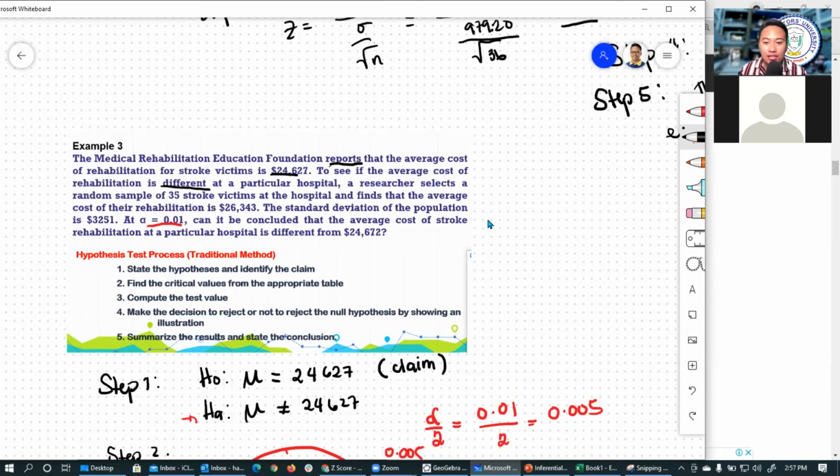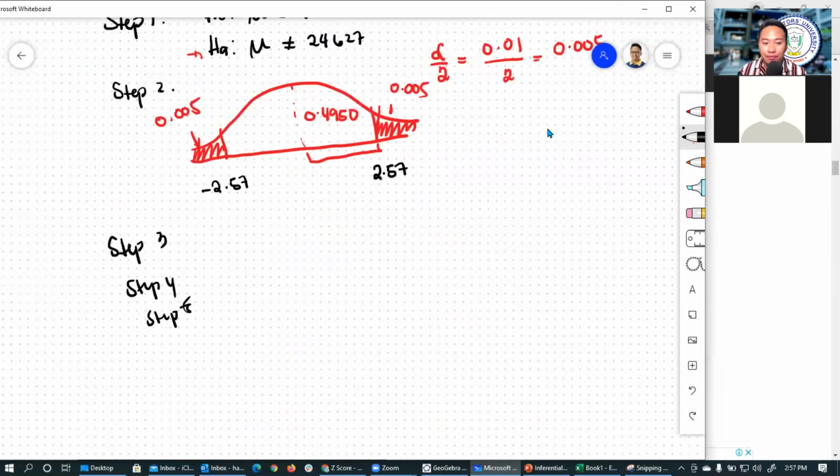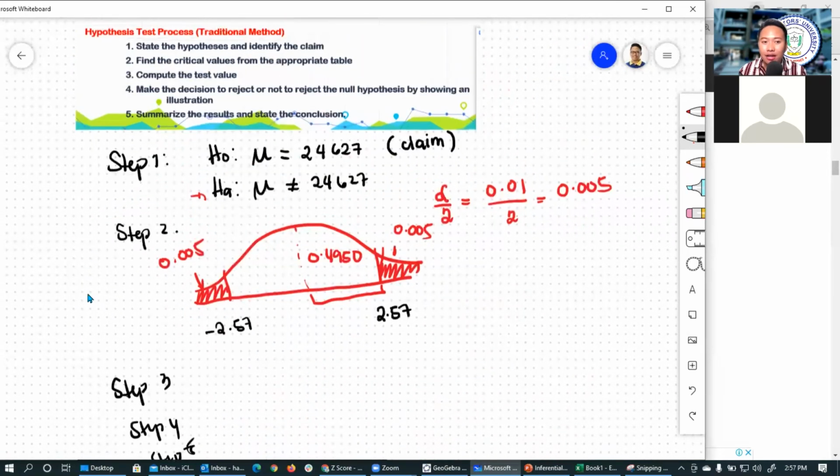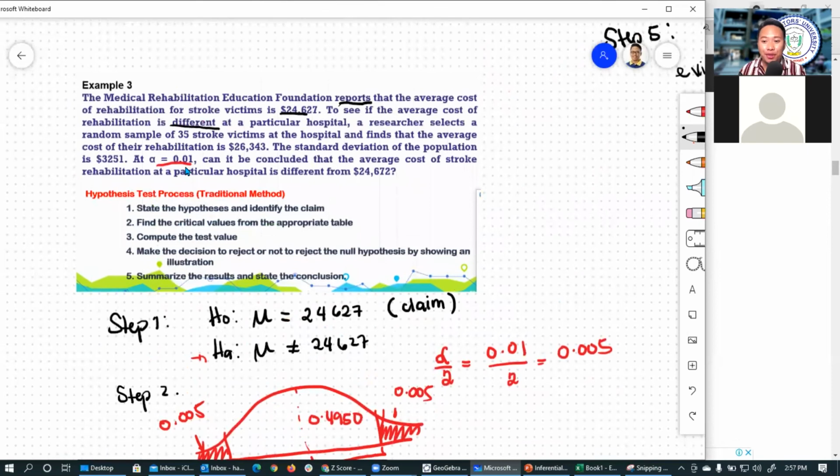You can just continue solving step 3, step 4, step 5 for example number 3. And I'm not going to give you an assignment for this week, guys. However, I'm going to upload a performance task for the third quarter. The deadline for that performance task is going to be on Friday, 11:59 p.m. Okay? So thank you so much, guys.